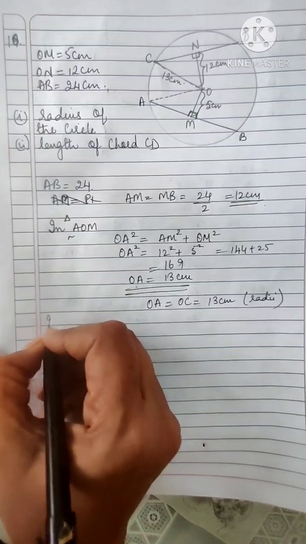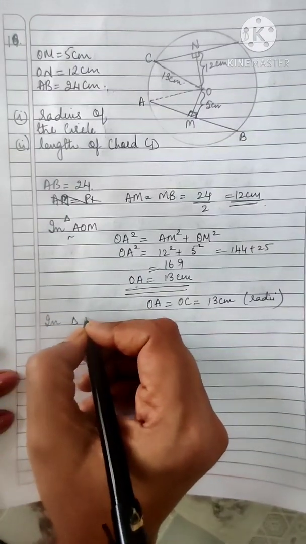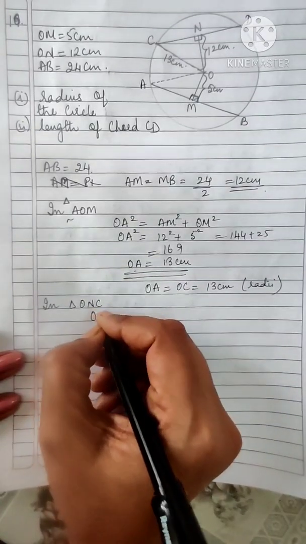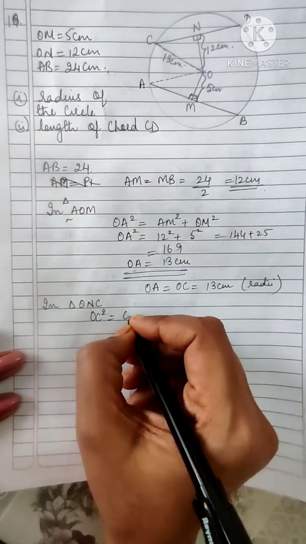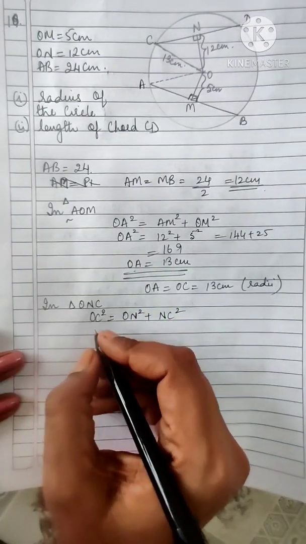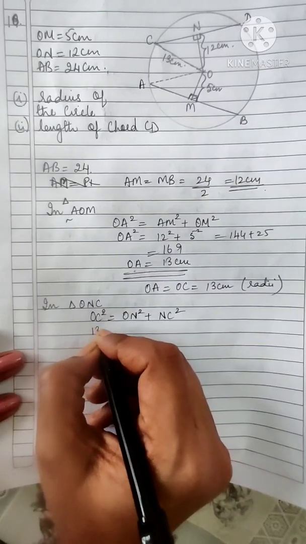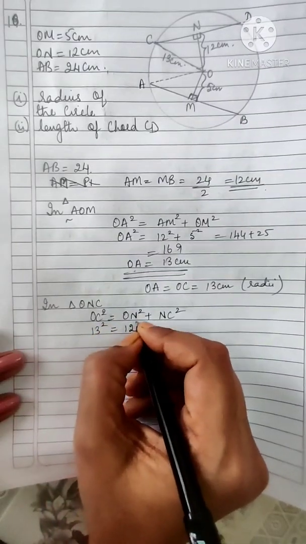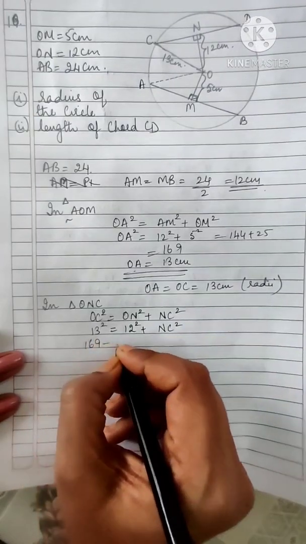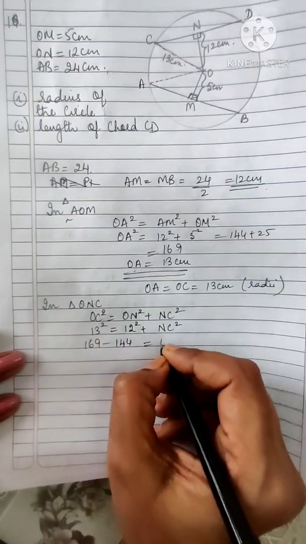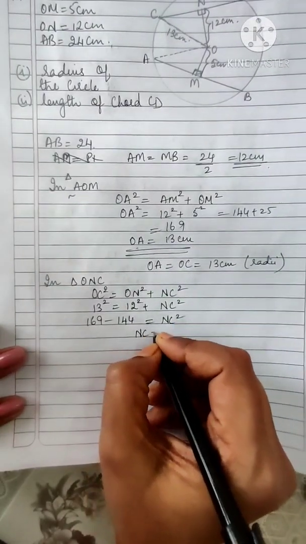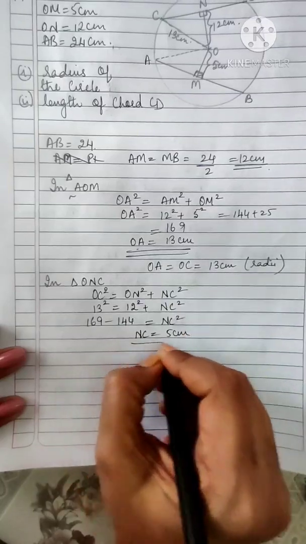Now again we have one more right angle triangle, triangle ONC. Applying Pythagoras theorem for this, you get OC square is equal to ON square plus NC square. So you know OC is the radius. 13 square is equal to 12 square plus NC square. 169 minus 144 is equal to NC square, which will give you NC as 5 centimeter.